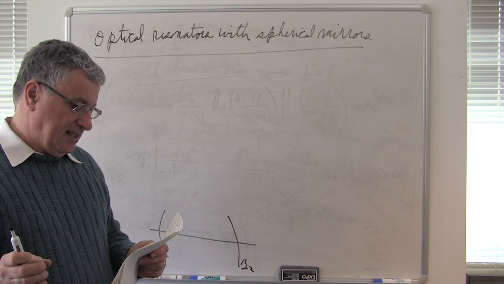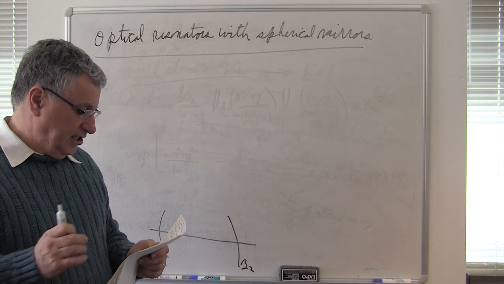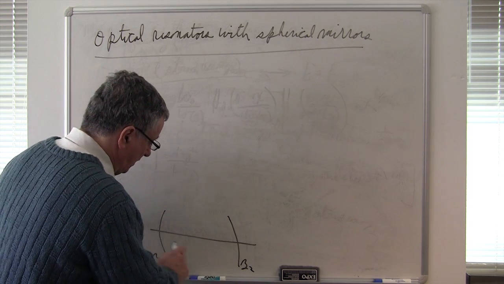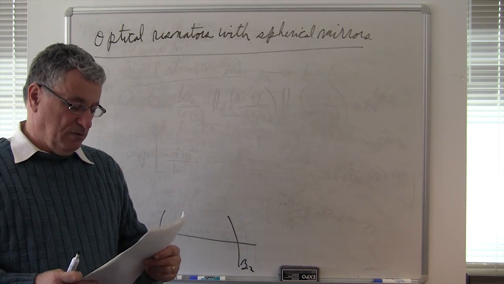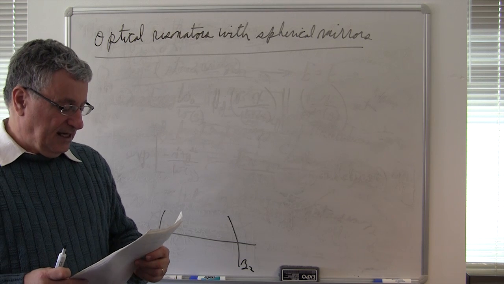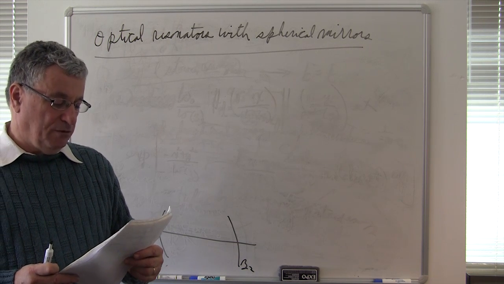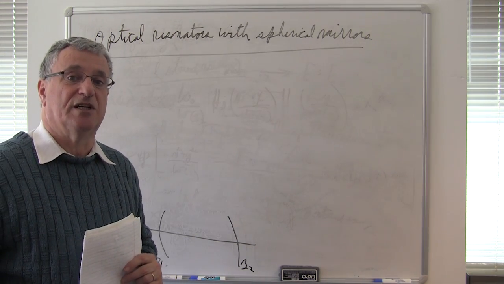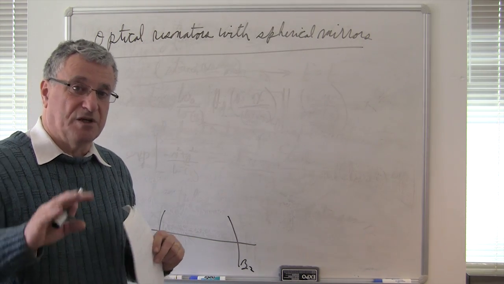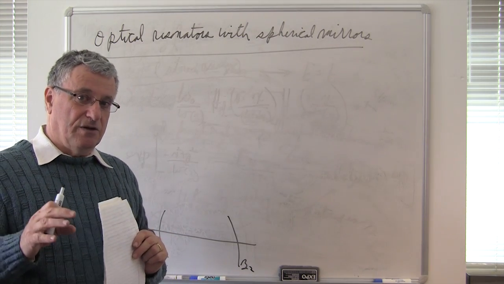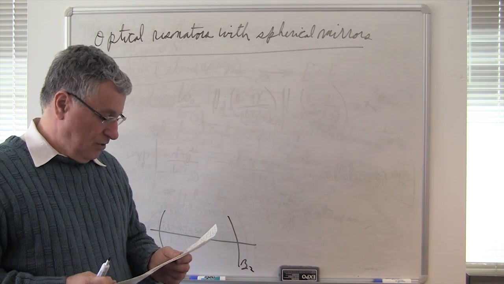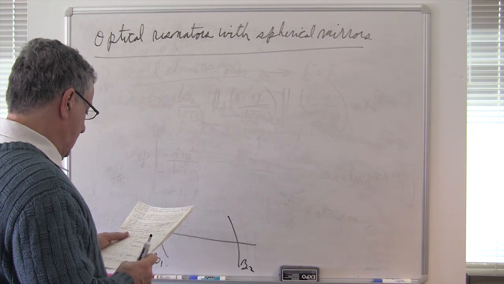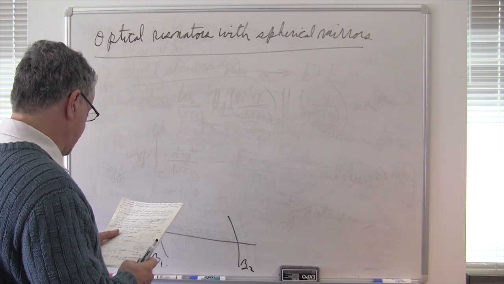What we're going to learn is that if the round trip phase shift between the mirrors is some multiple of 2 pi radians, then we're going to have a self-reproducing stable field configuration. And this is the way we are going to calculate the resonant frequency of the resonator. But we're going to do that in a few lectures down the road. Okay, so for now we don't need to know this, but I thought I should mention it at this point.